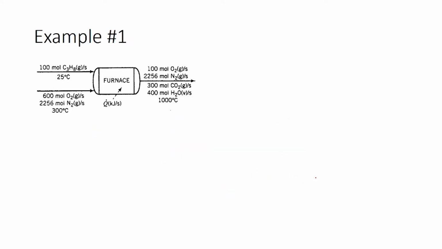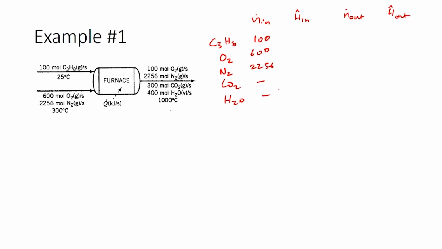in enthalpy. What we would have in the table is propane, oxygen, nitrogen, carbon dioxide and water, and the inlet flow rates for N dot and H cap in, N out dot and H cap out can all be written down as 100, 600, 2256 and 0 and 0.